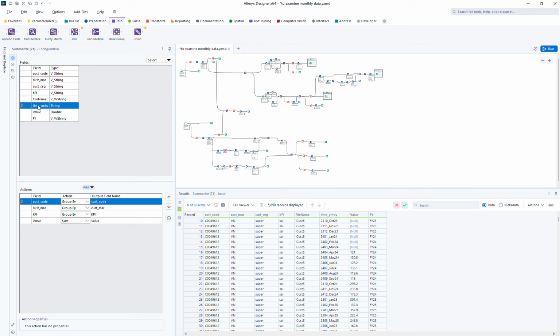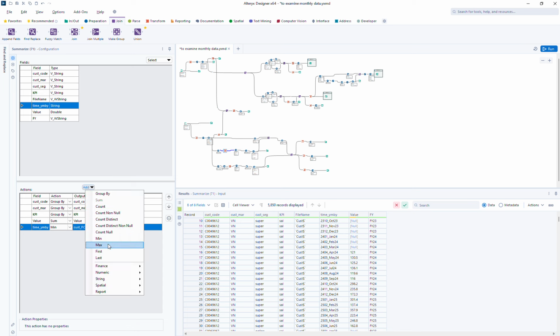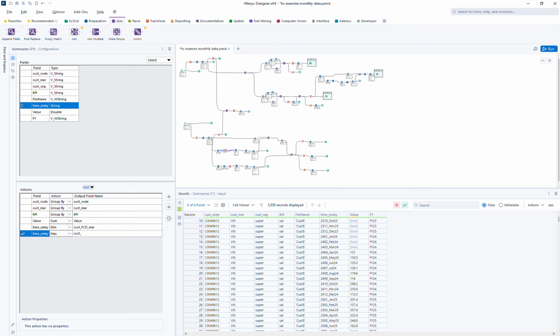So again, one more time, just take the mean of the time, which will be the customer first contribution date by market, and then the second one will be the customer last contribution date by market as well.